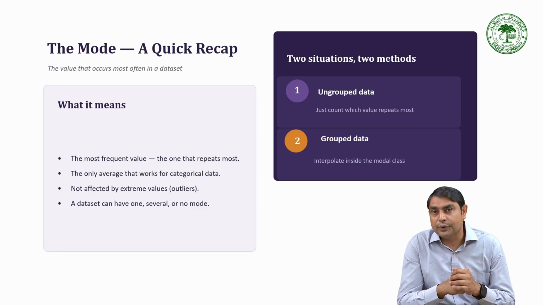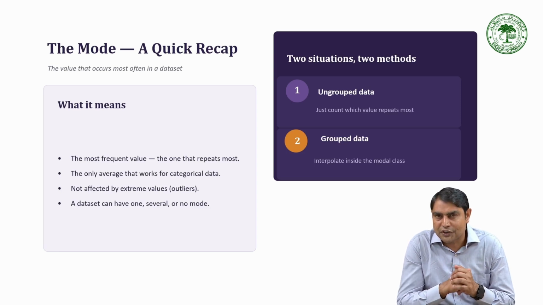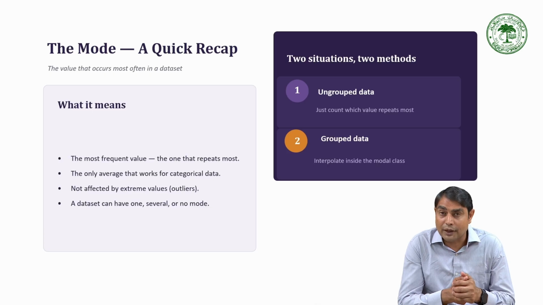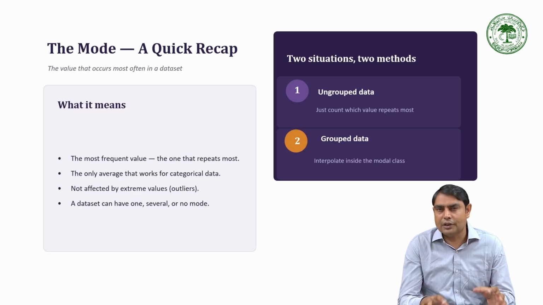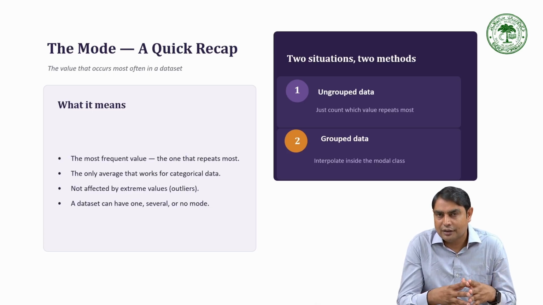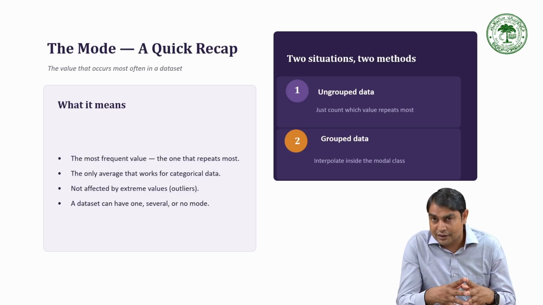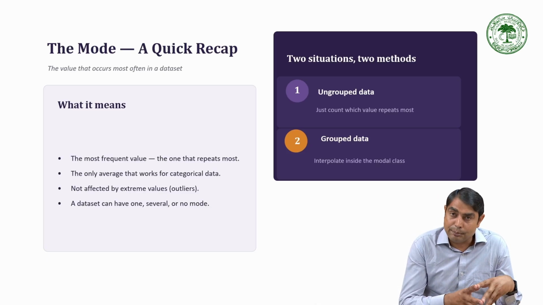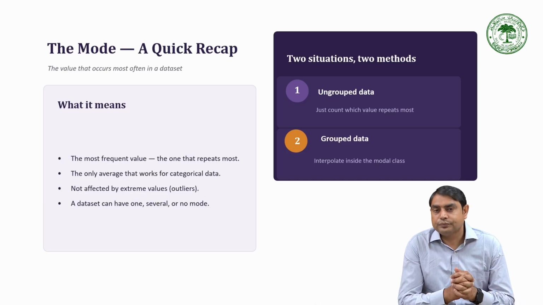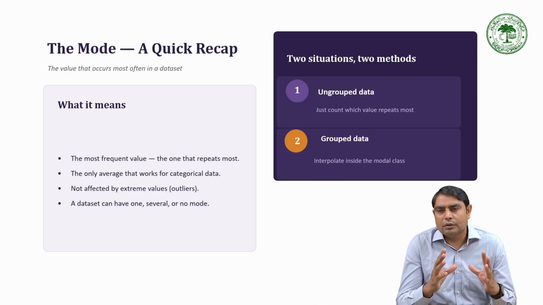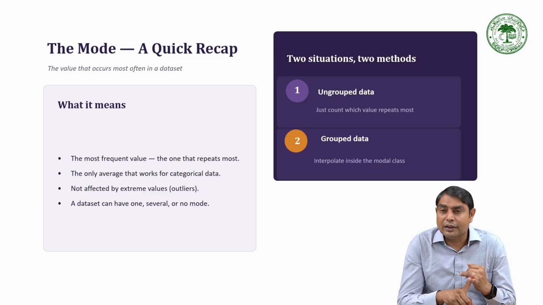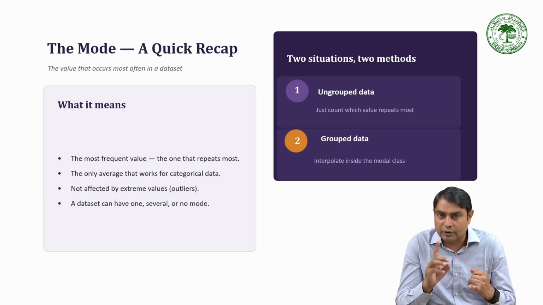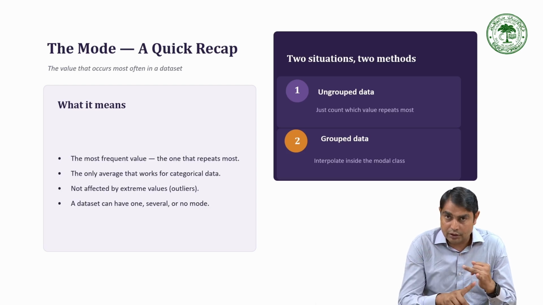If I ask you which is your favorite subject, and most of the students reply that their favorite subject is finance or statistics, then I can take the mode of it rather than the mean of it, right? So one thing is that it is appropriate for categorical data, which was not addressed by the mean.